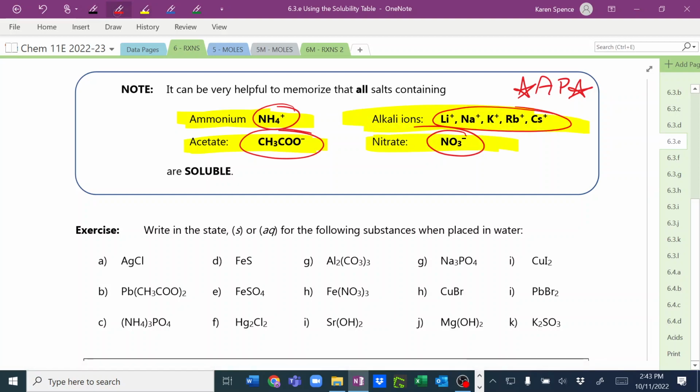These are always soluble. The other ones you need to look up on the chart. Either that or you have to do things like memorize that CBS, PBS. Like, you know, there's these little mnemonics you can use to memorize some of the other ones, but I'm thinking probably you don't want to do that. Lord knows I don't.